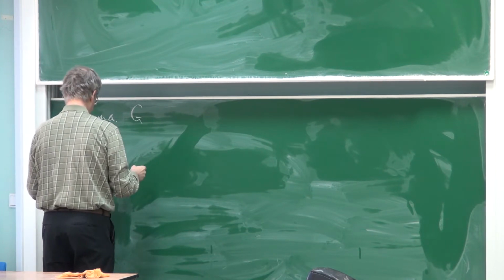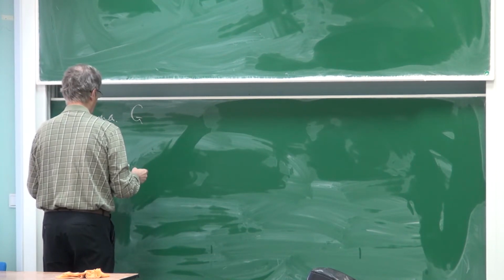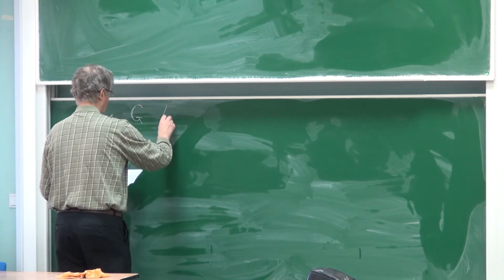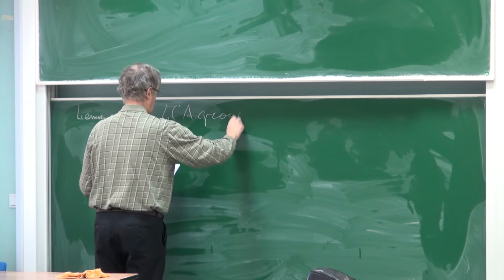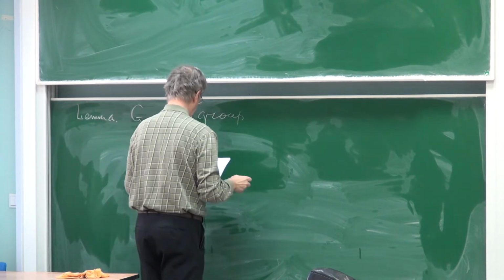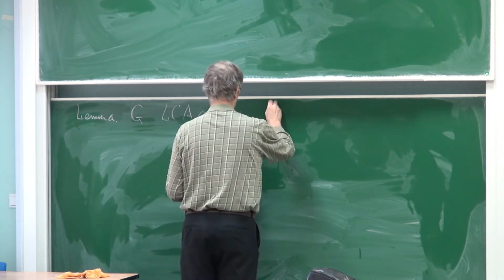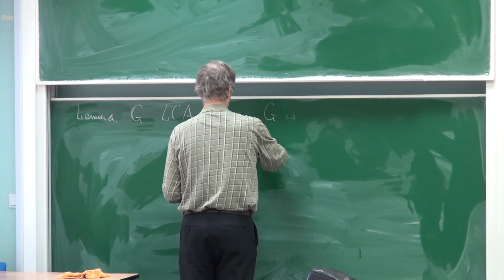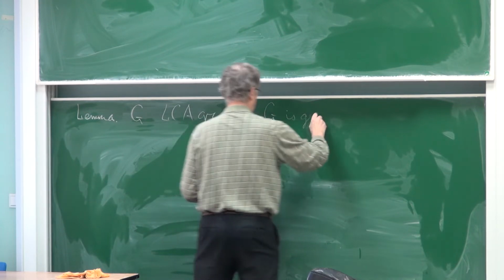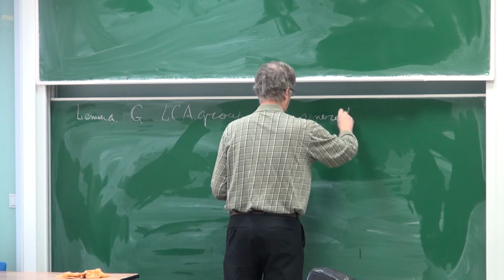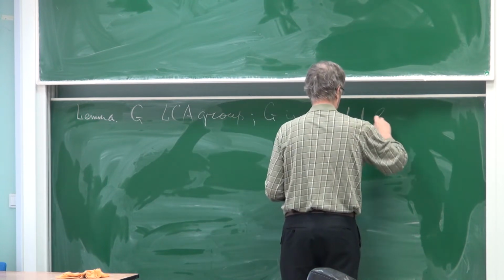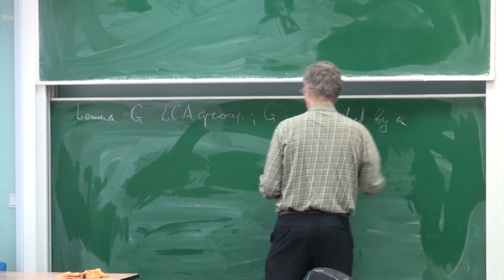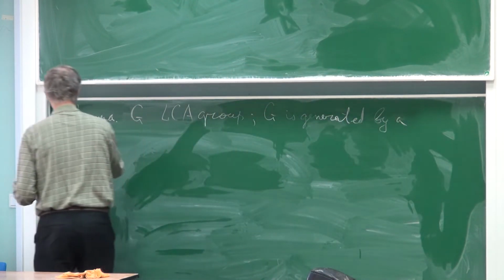Let G be a locally compact abelian group, and suppose that G is generated by a compact neighborhood V of 0.